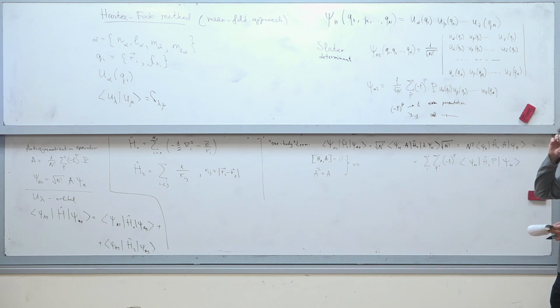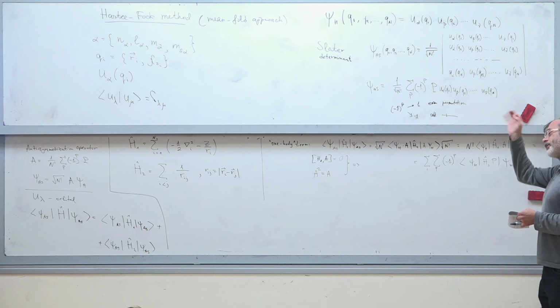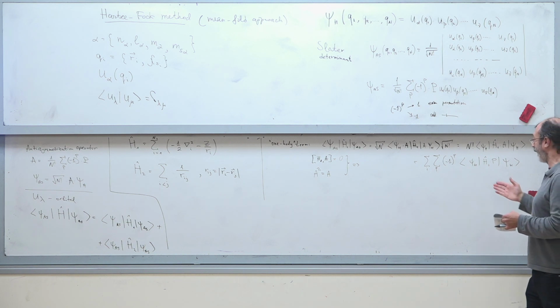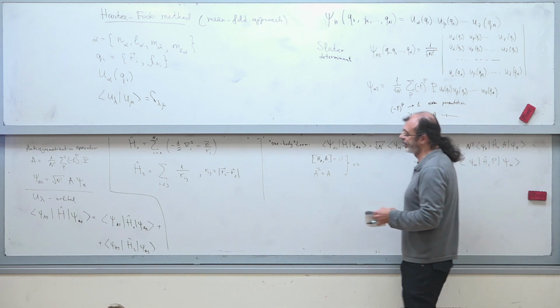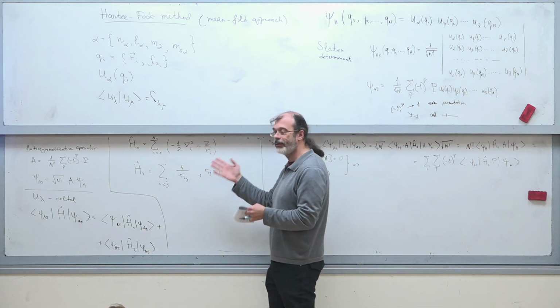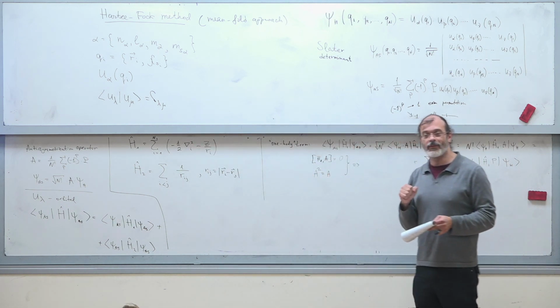The permutation just changes the position, marking electron number 1 with the label number 2, but the H is the same on these two electrons. It doesn't matter what is the number of this electron.